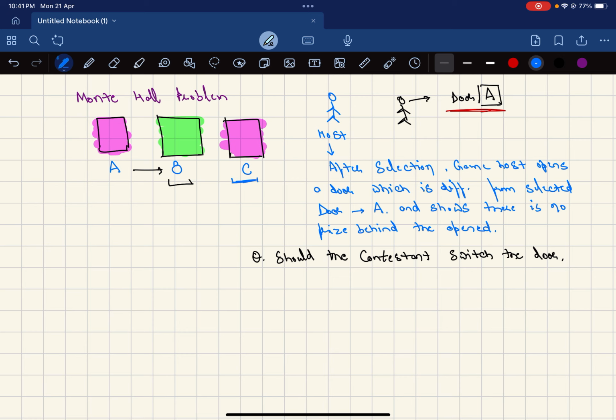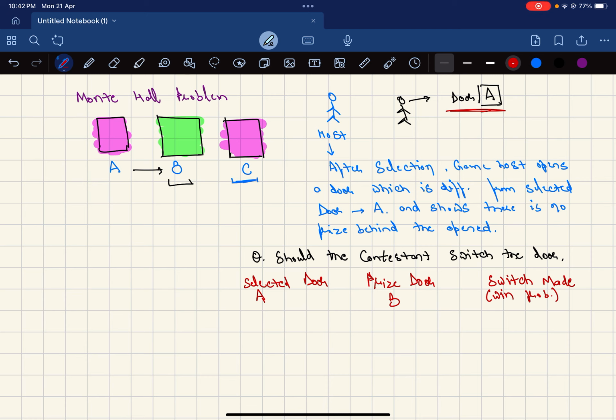Since initially we don't know which door will have the prize, let us assume that we select door A, and that the prize is behind door B. In this case, if a switch is made, then what is the win probability?